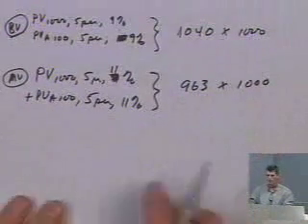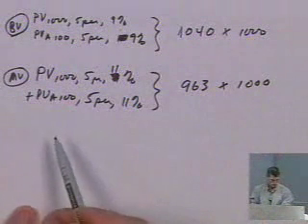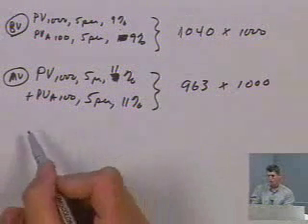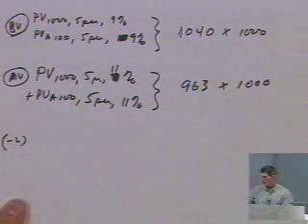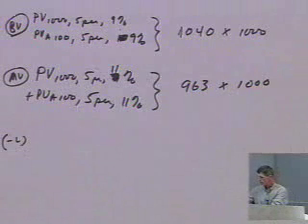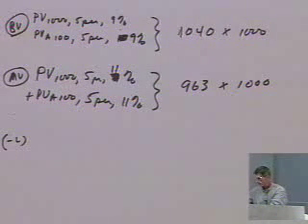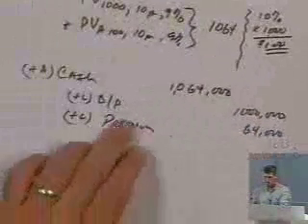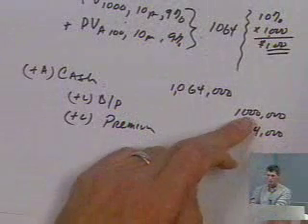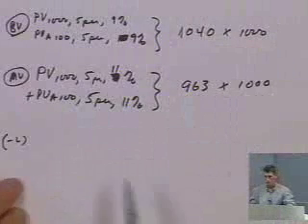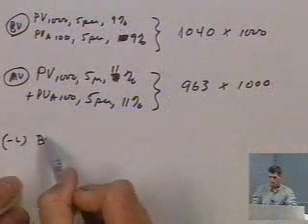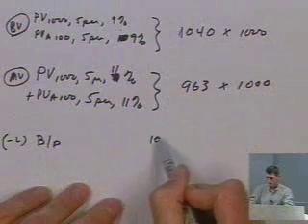So we go to make our entry, and what are we doing? We're pulling off bonds payable. So we are reducing a liability account. We put the bond payable on the books initially at $1 million. We have to pull that off the books. So we reduce the liability, bonds payable, $1 million.